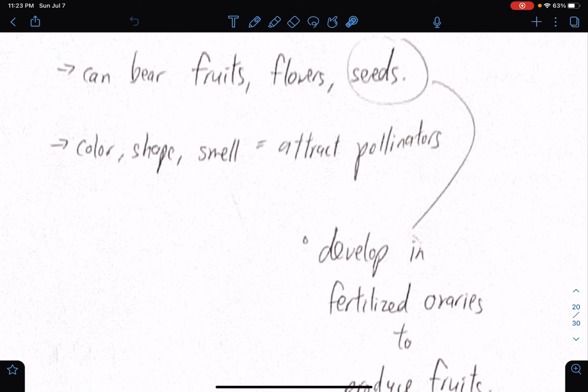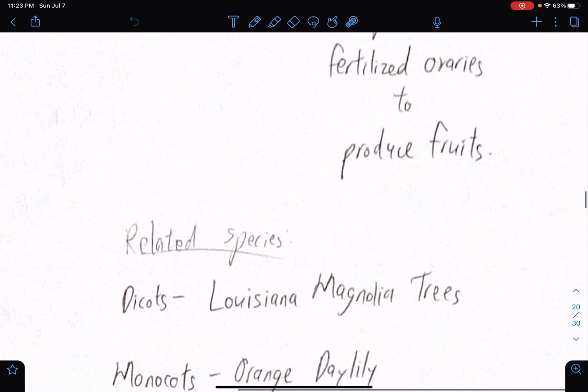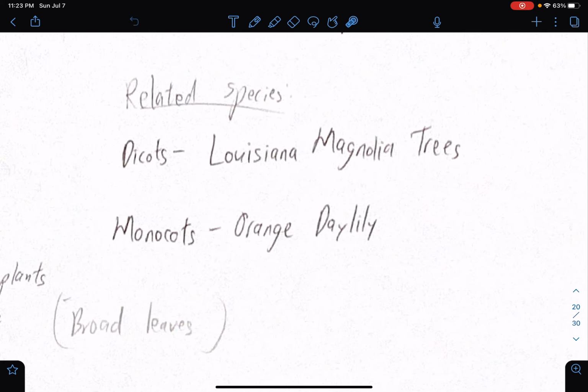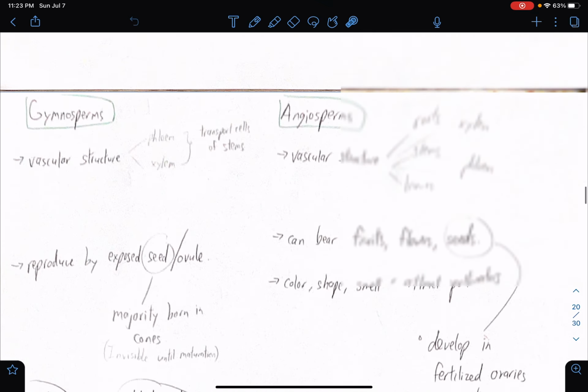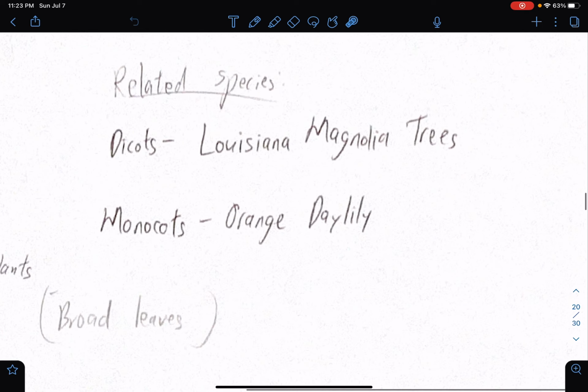They basically develop in fertilized ovaries in order to produce fruits and water-related species. We have Louisiana magnolia trees for dicots. But I'm not sure though, because trees usually are under gymnosperms because they're usually bigger. Angiosperms are mostly flowers, if not everyone under it. For monocots, we have orange daylily.